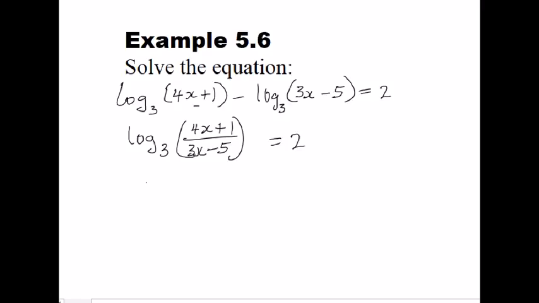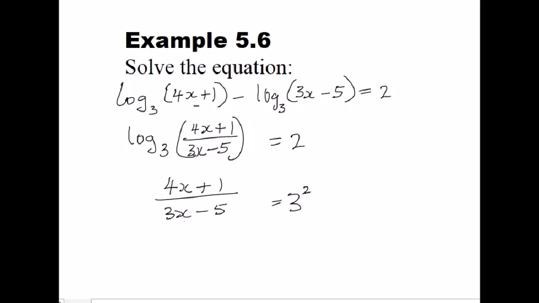Since we have log base 3 here, it will now be equal to (4x plus 1) all over (3x minus 5) equals the base 3, raised to power 2.